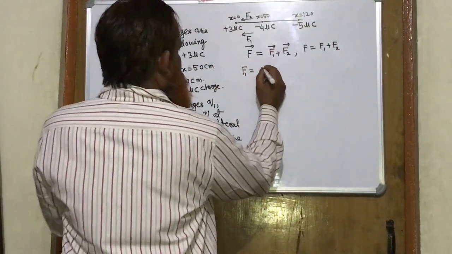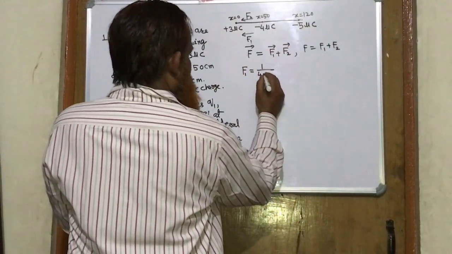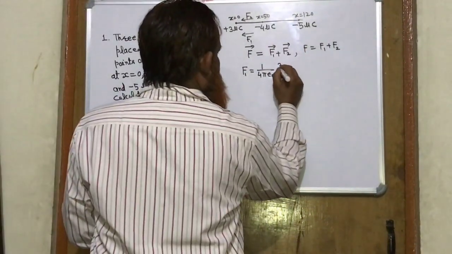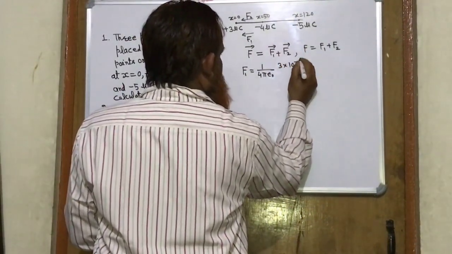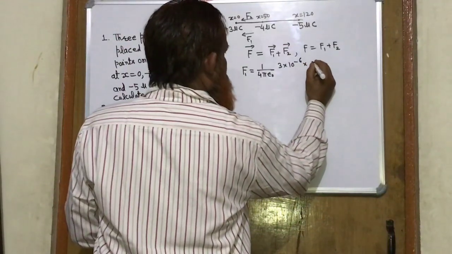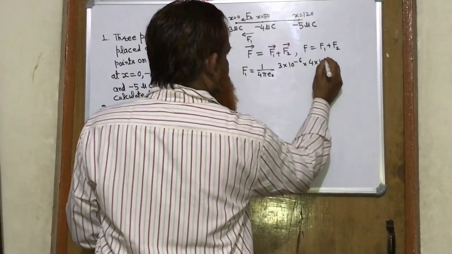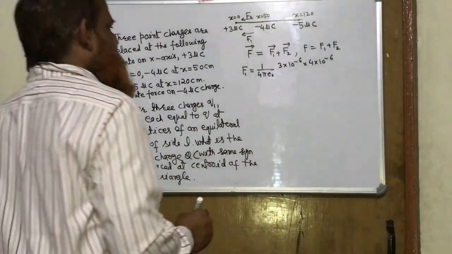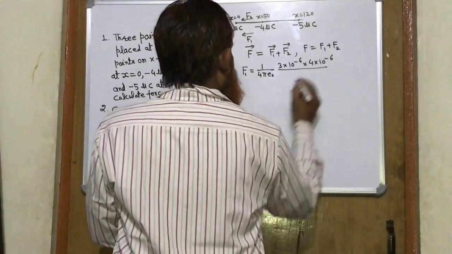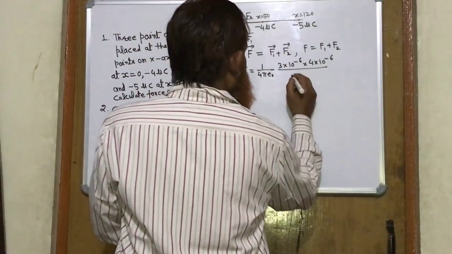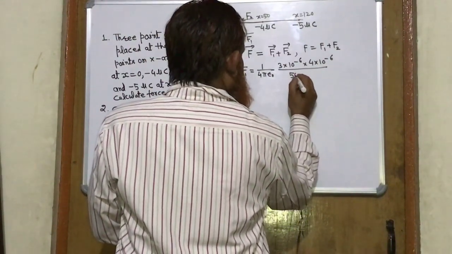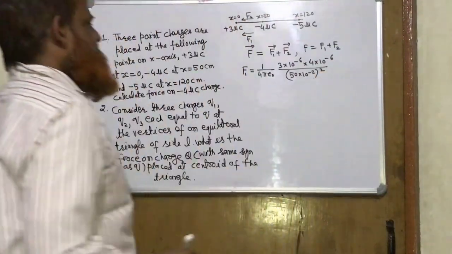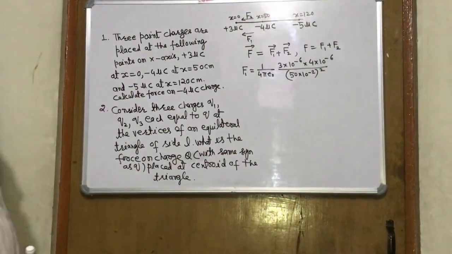F1 is equal to 1 upon 4 pi epsilon naught, into 3 into 10 to the power minus 6 into 4 into 10 to the power minus 6. It is a vector quantity, so we are not putting a sign here, upon r square, and r is 50 into 10 to the power minus 2 meter.